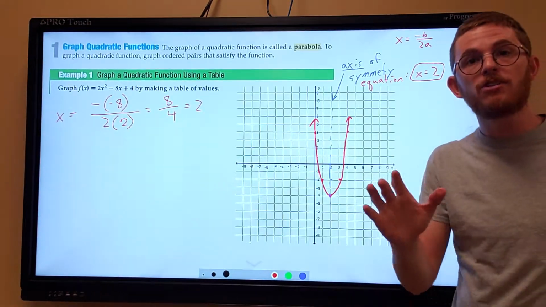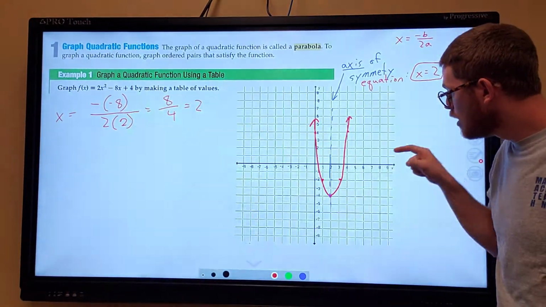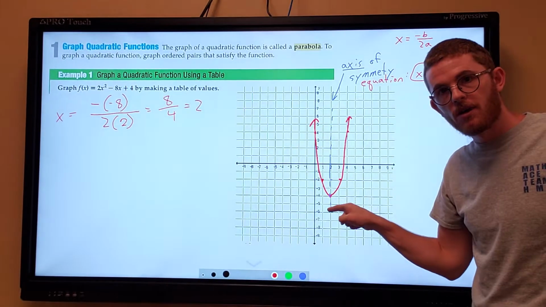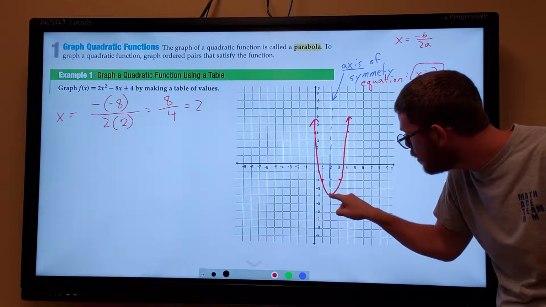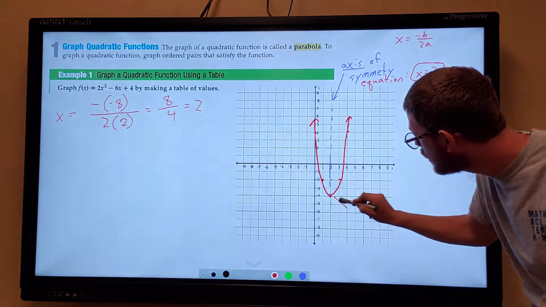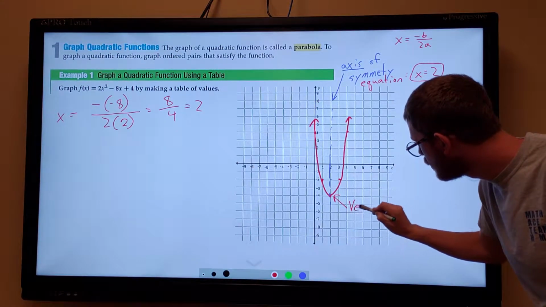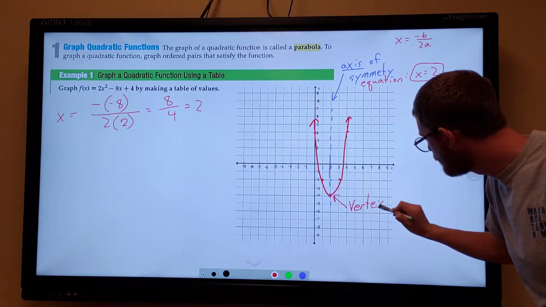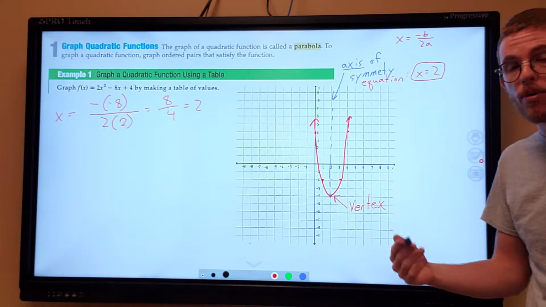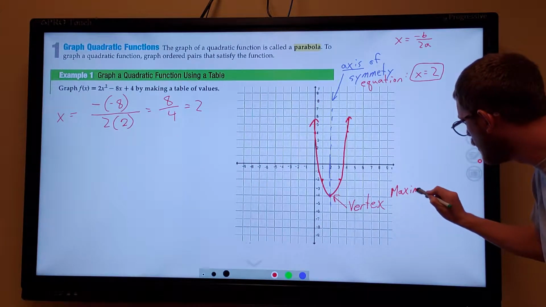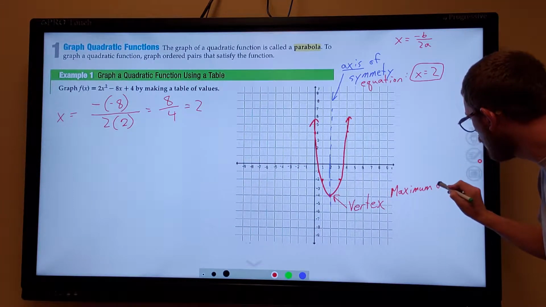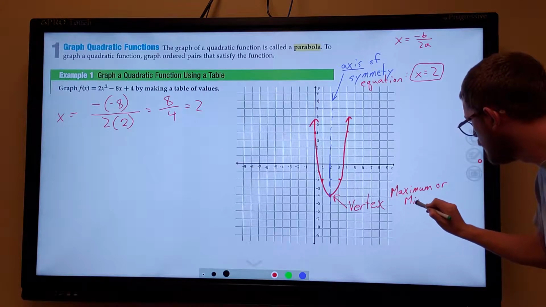Okay, now the axis of symmetry always passes through the center. That turning point right there, that point is really important. We call that point the vertex. The vertex of our parabola will either be a maximum or minimum.